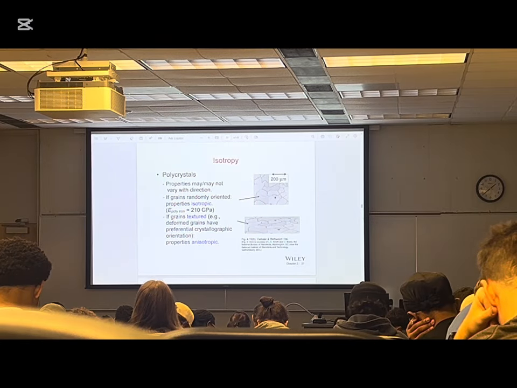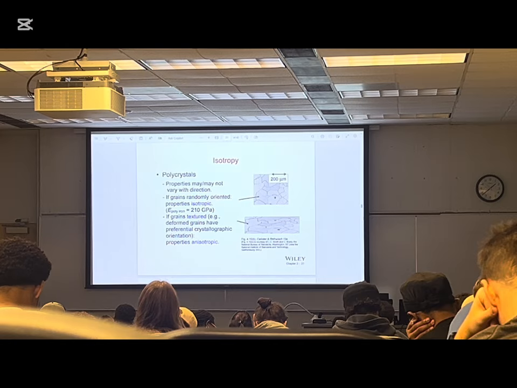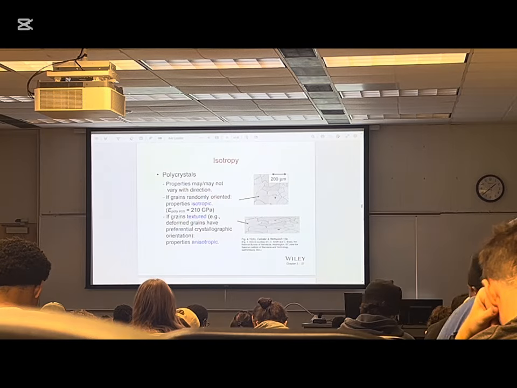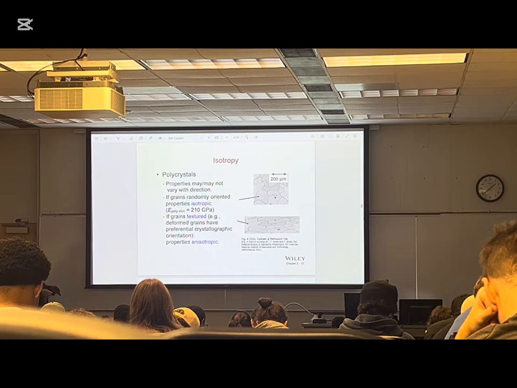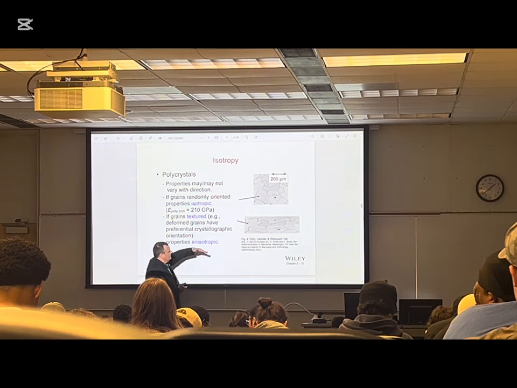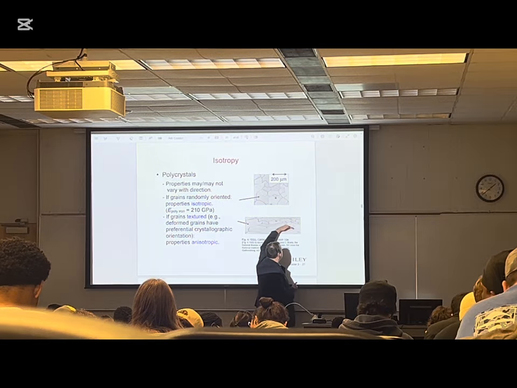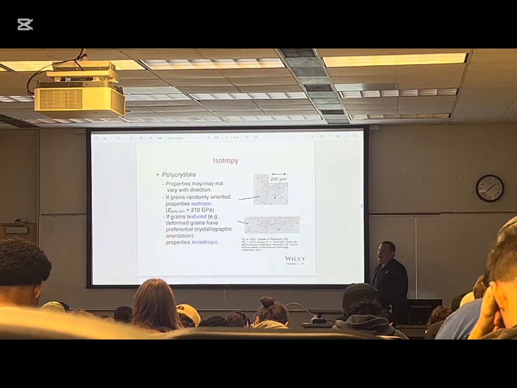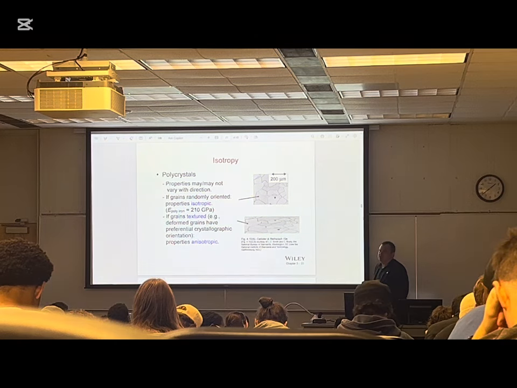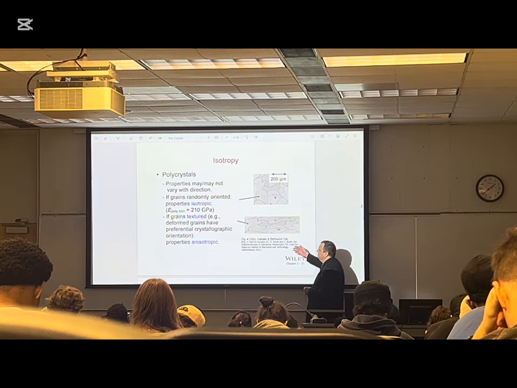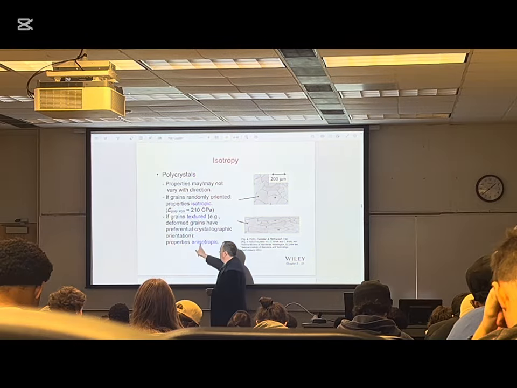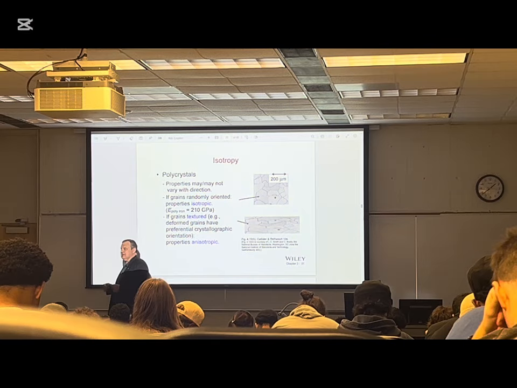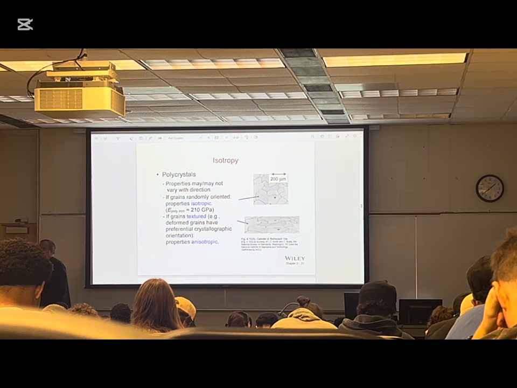Now, sometimes the materials can have what is called texture. For example, if we take this microstructure and we roll it, or we extrude it, then the grains get elongated along the rolling or extrusion direction, and that gives the structure texture. And then again, this material would become anisotropic because of the deformation texture.